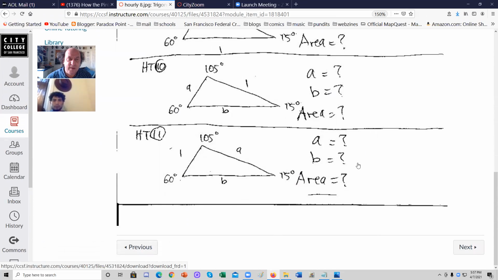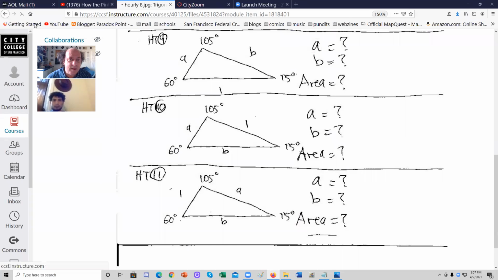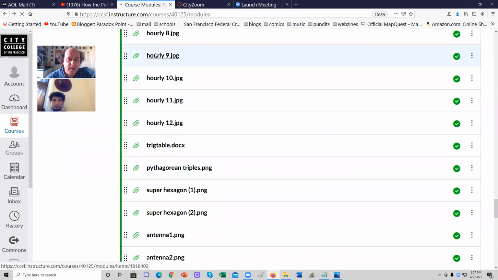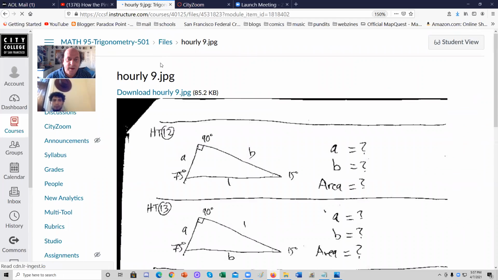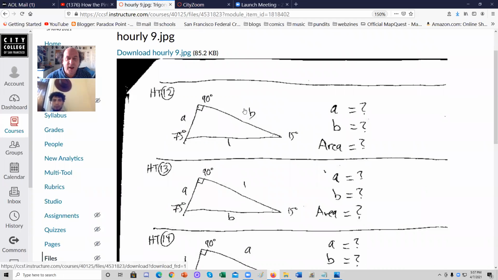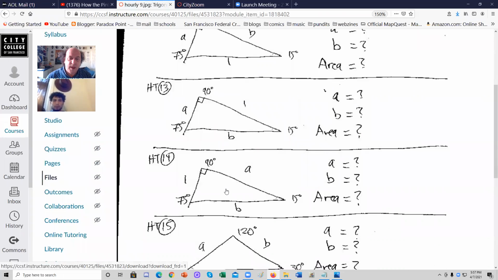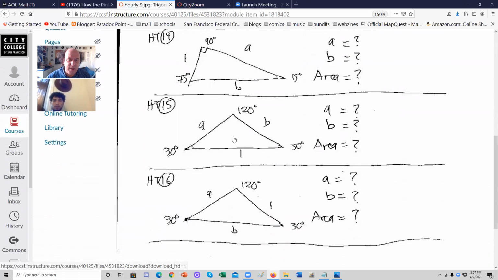What's A, B, and area? Here, 75, 15, 90. Okay. Again, A, B, and area. And we shift 1 around all 3 possibilities.